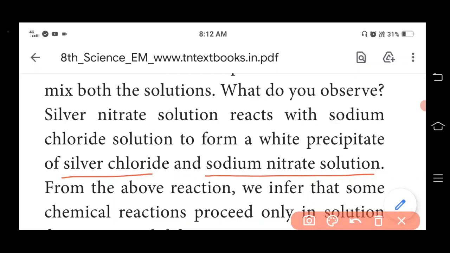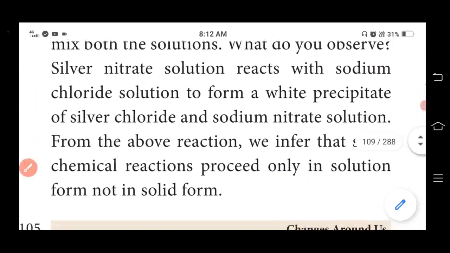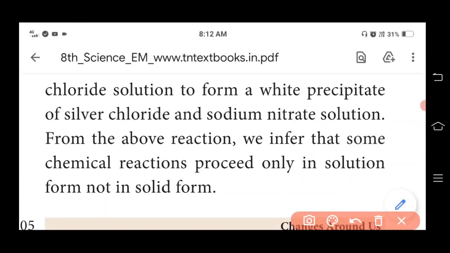So from the above reaction we come to the conclusion that some chemical reactions, very very important, proceed only in solution form, not in the solid form.